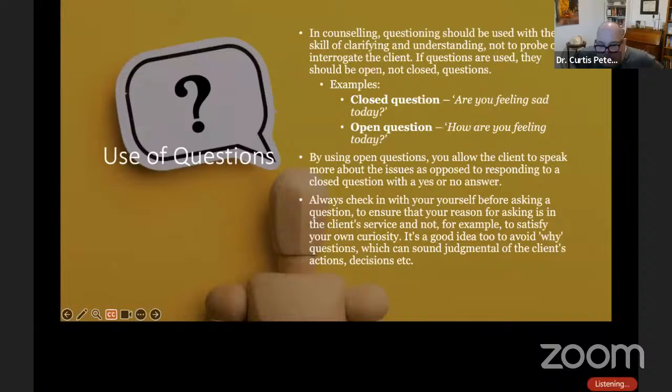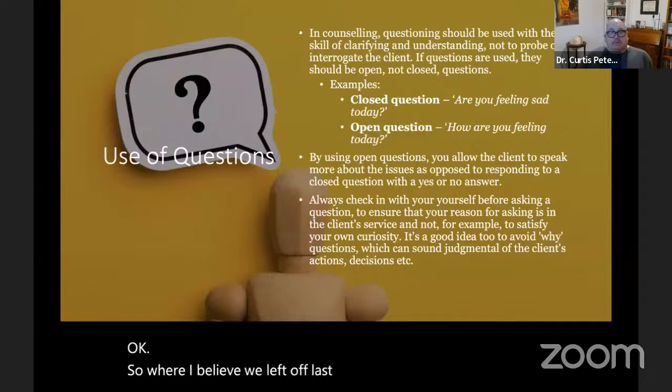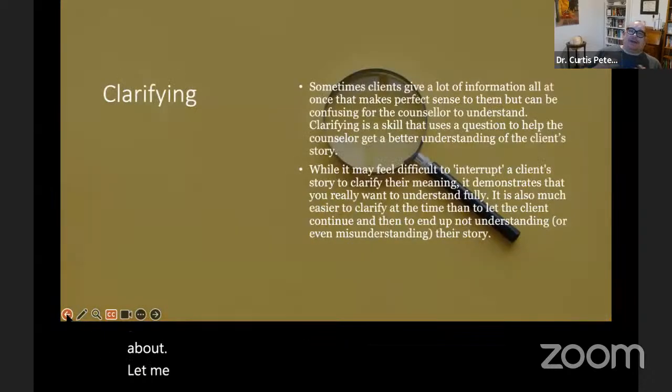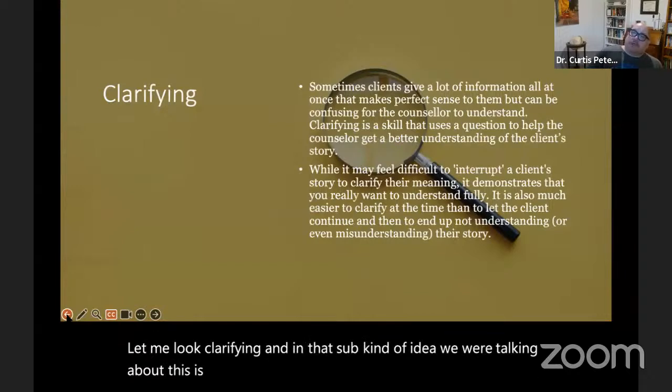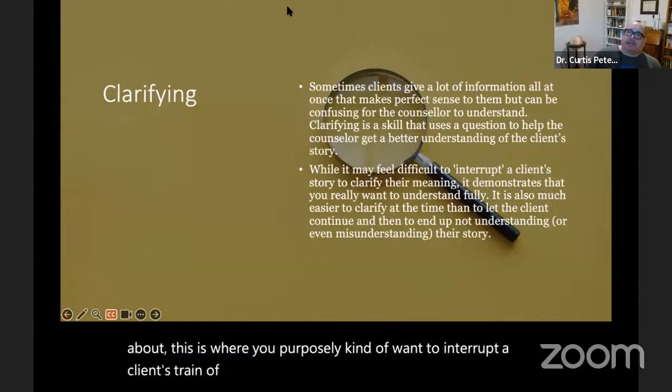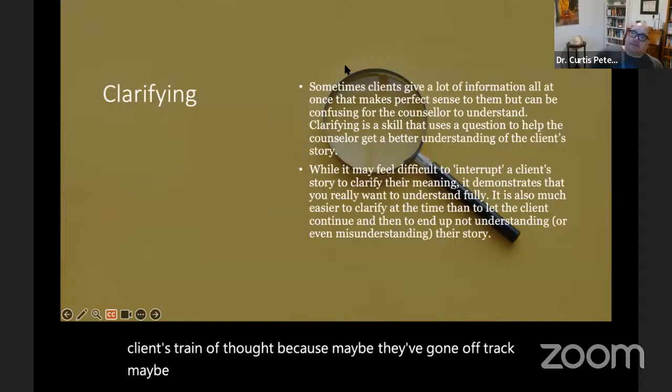Okay, so where I believe we left off last time is that we were talking about clarifying, and in that idea, this is where you purposely want to interrupt a client's train of thought because maybe they've gone off track, maybe they are starting to not make sense.